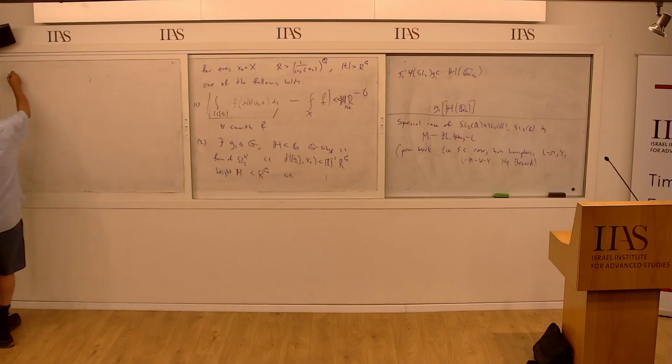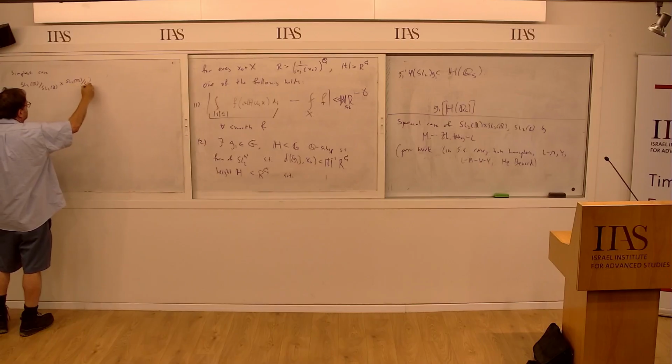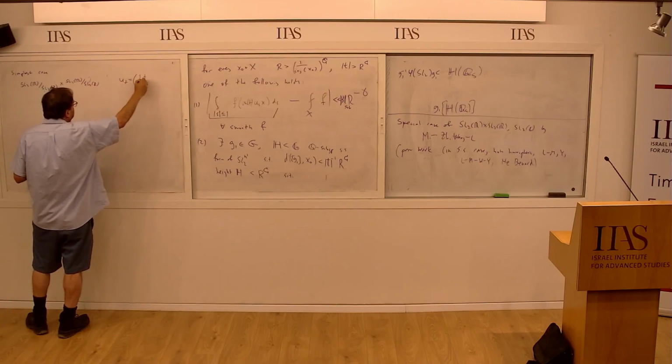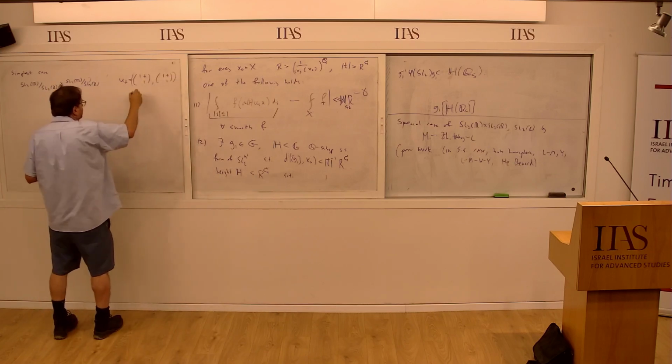We think it's almost a trivial case. I'm just taking SL2R modulo SL2Z times SL2R modulo SL2Z, and of course I'm taking this one parameter group. This is the simplest case.